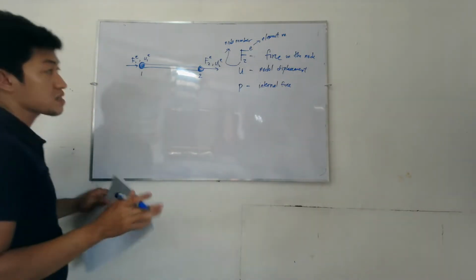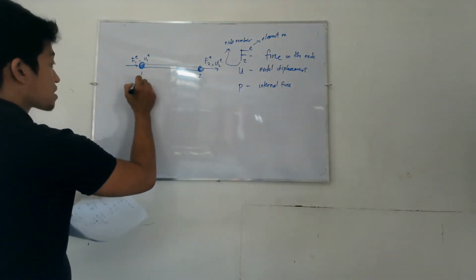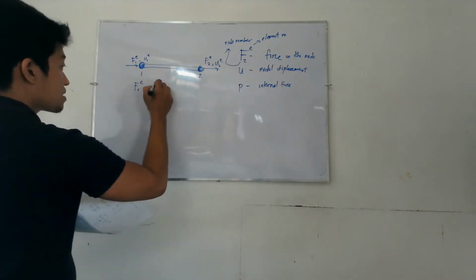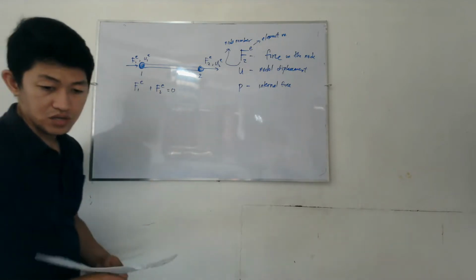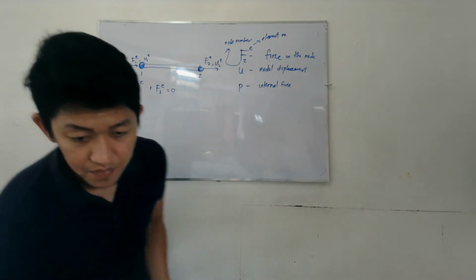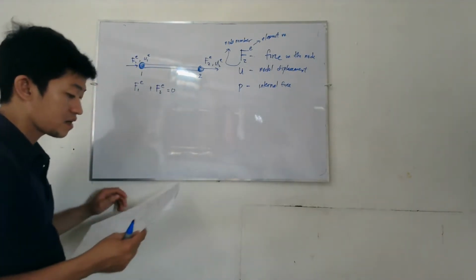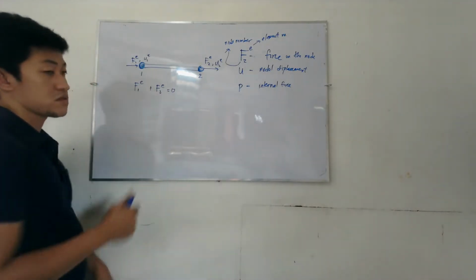So apply the equilibrium equation. It follows that f1^e plus f2^e is equal to 0. Okay? So this is in equilibrium position.